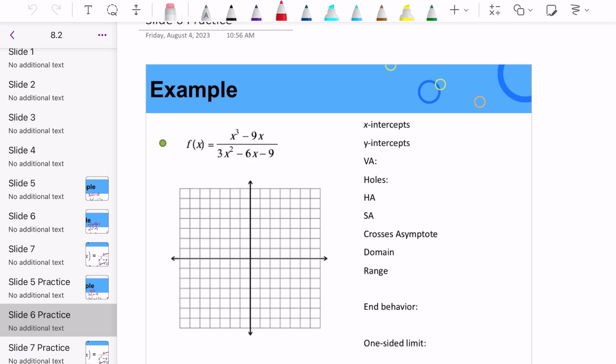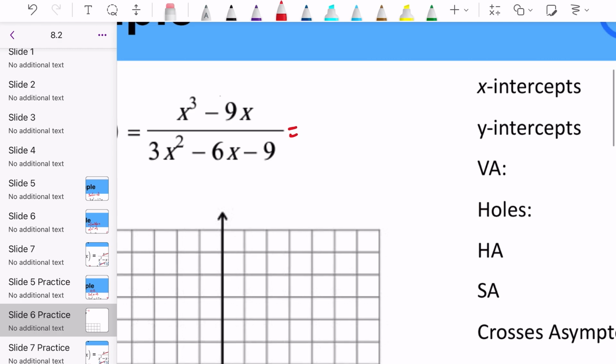The denominator is first broken down into 3 times x squared minus 2x minus 3, which fully breaks down into 3 times x minus 3 and x plus 1.